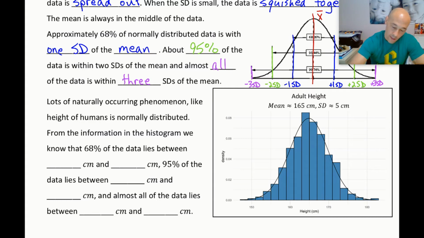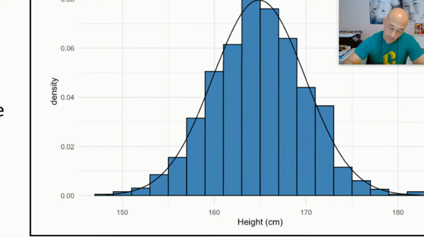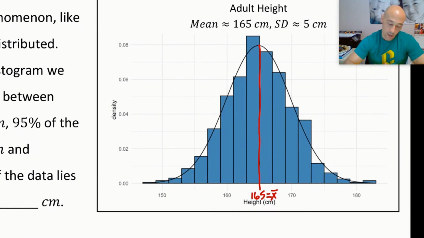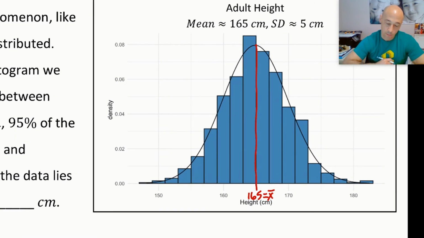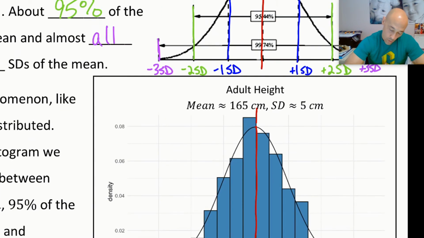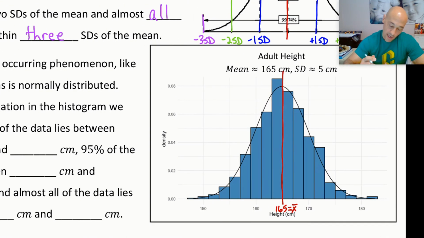So we can look here and we see that the mean is 165 centimeters. So right here is 165 centimeters, and that is the mean. So one standard deviation below the mean and one standard deviation above the mean will contain 68% of the data.